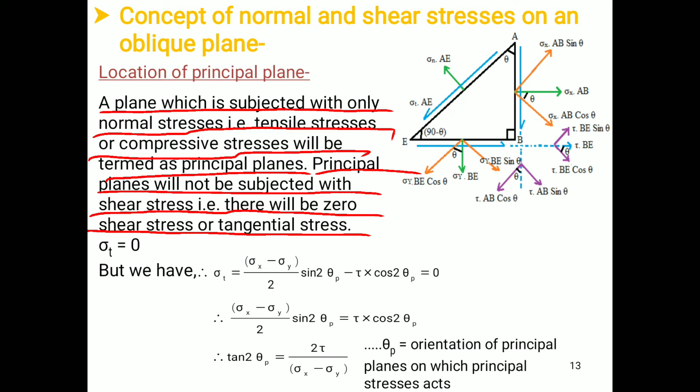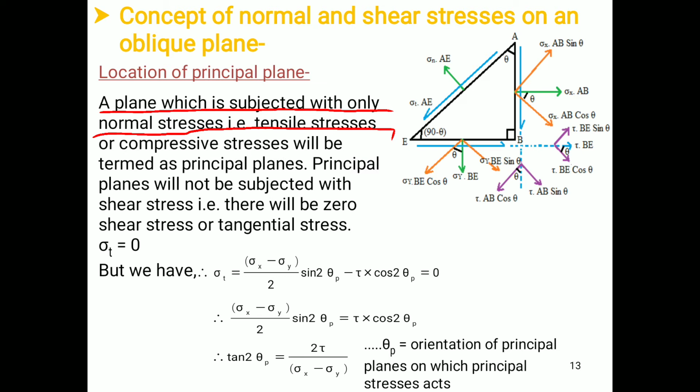Now, in the previous videos we found the values of sigma n and sigma t on an oblique plane, and those values we are going to use to find the location of principal plane, magnitude of principal stresses, location of maximum shear stresses and the magnitude of maximum shear stresses.